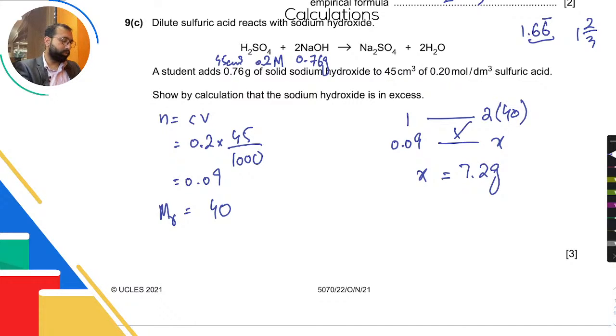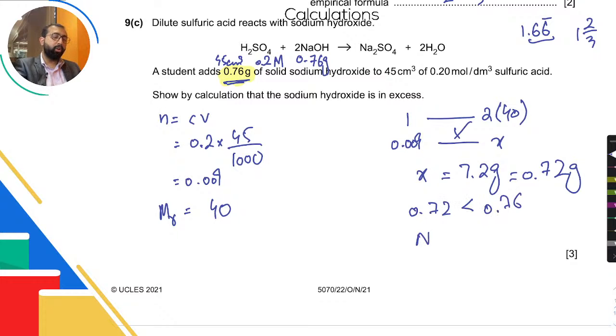Oh yeah, this one should be 0.009, which will make this one 0.72. So you have 0.76. You need 0.72. So that shows that because 0.72 is less than 0.76, sodium hydroxide is in excess.